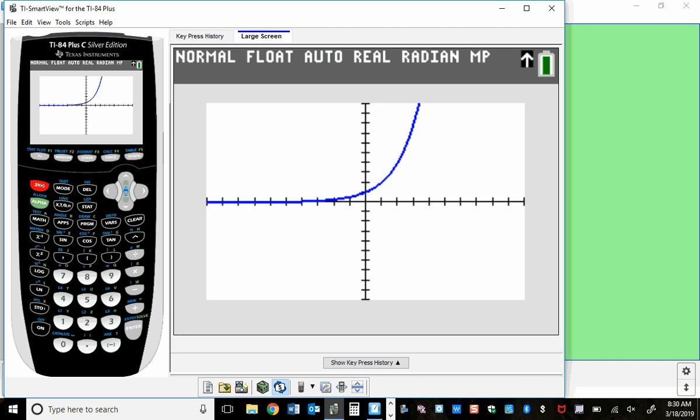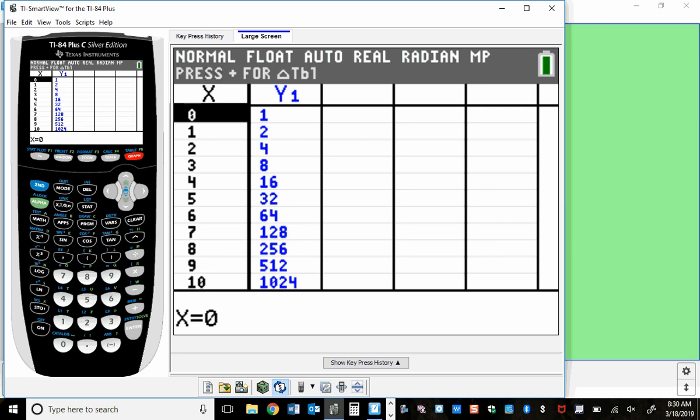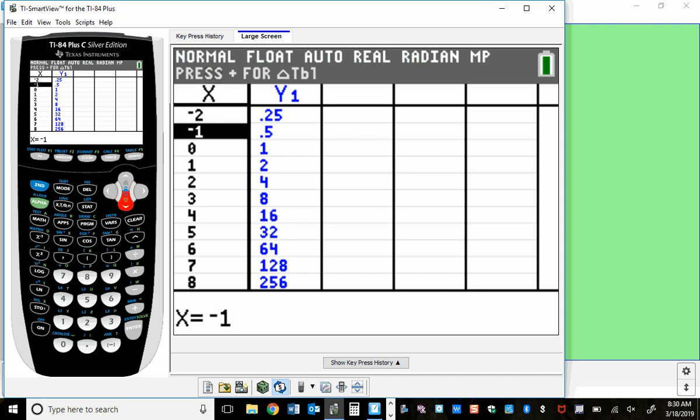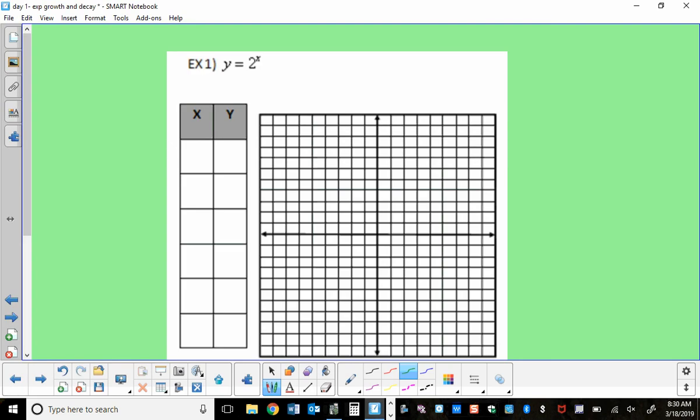So let's go and get some points. Go to your table. I'm not really picky on the points, but you do need at least 4, at most 5. These are pretty easy points. I'm going to start with -1 and go down to 3. So let's write some points in: -1, 0, 1, 2, 3.